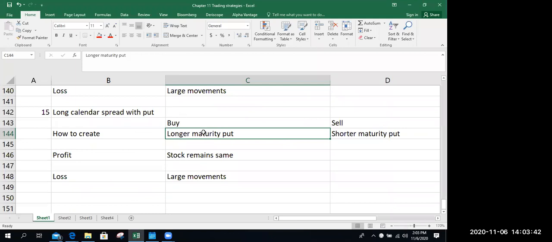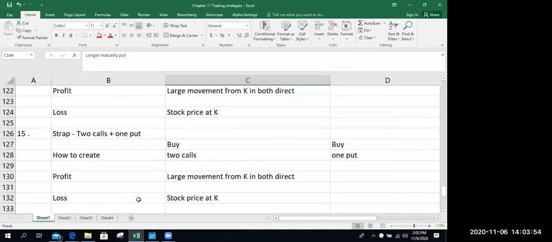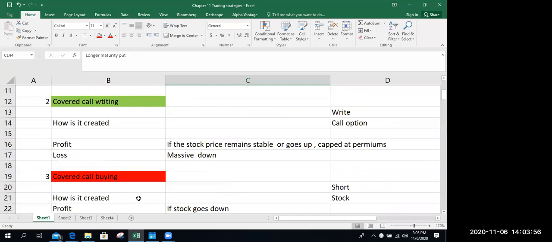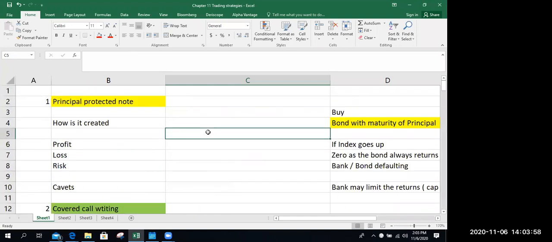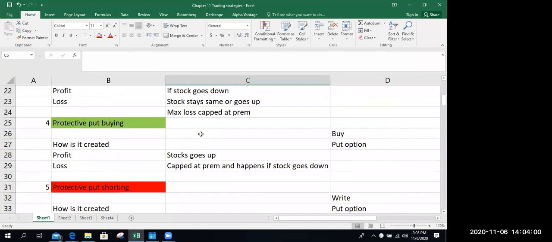So you buy the long maturity put and sell the short maturity put. Profit happens when the movements are small. Loss happens when there are large movements. So this was chapter 11.